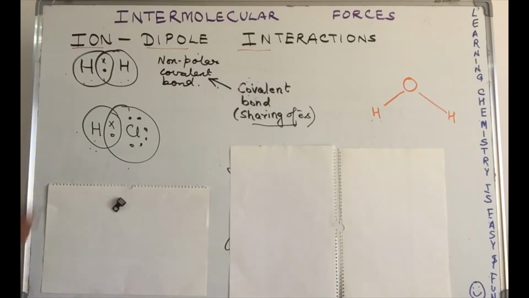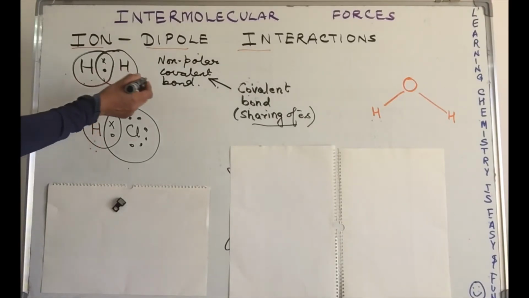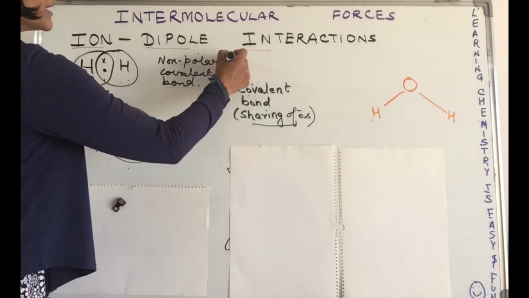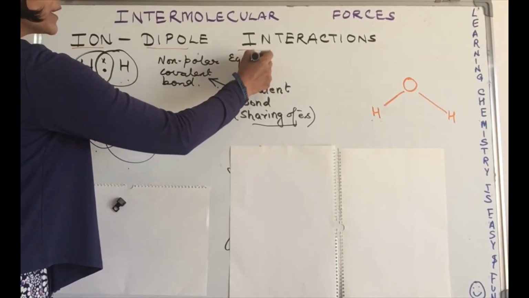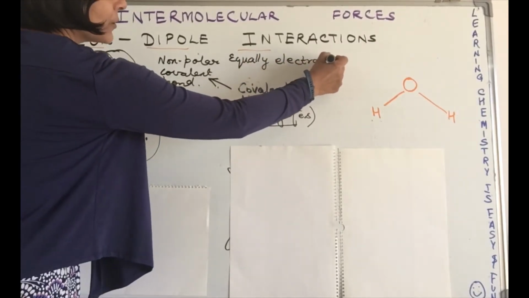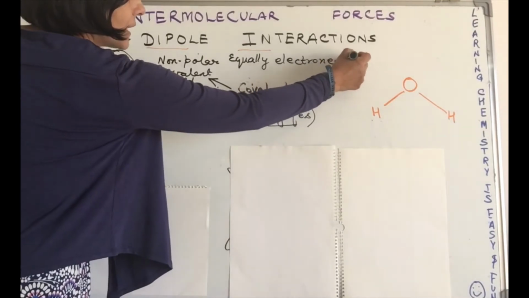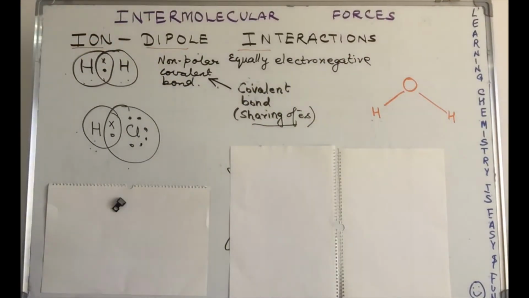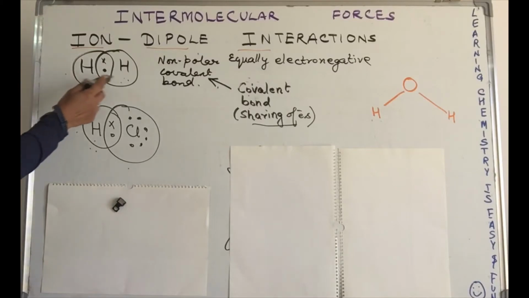In other words, both the atoms are equally electronegative. If you are unsure about this term and this concept, please visit the video on periodic properties, where all these headings are separately covered in detail. Both the hydrogen atoms are equally electronegative, so the shared pair of electrons belongs to both of them.